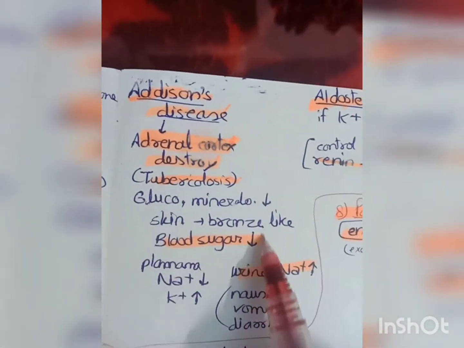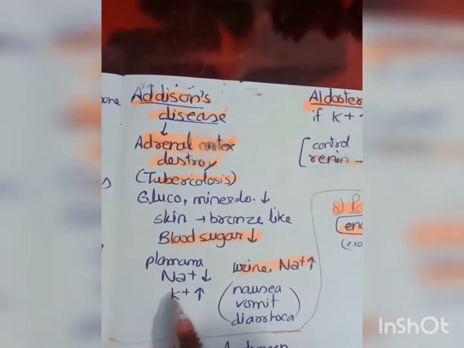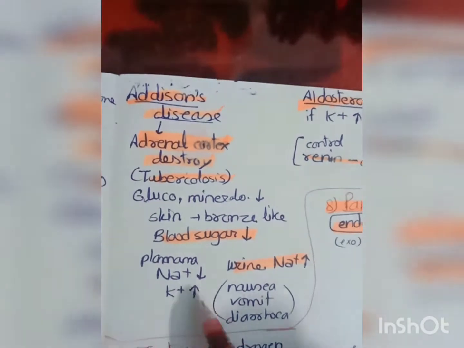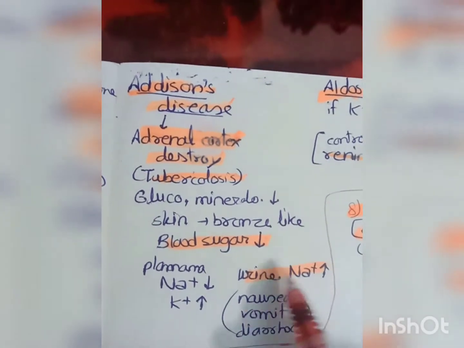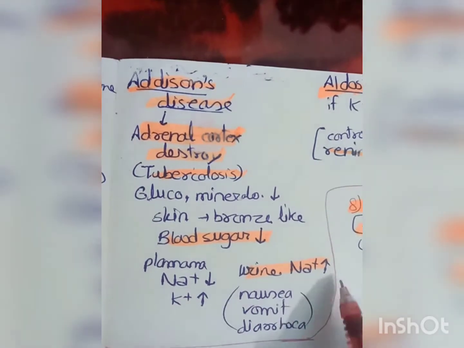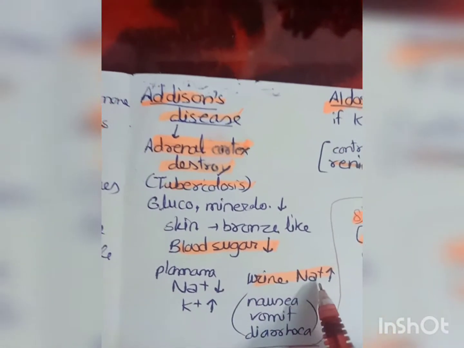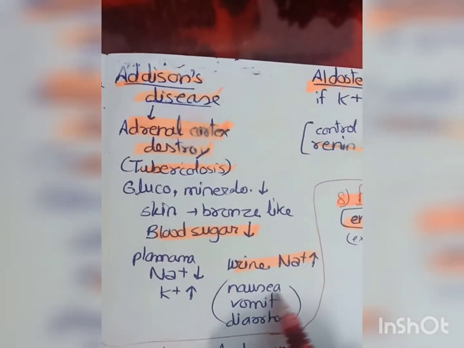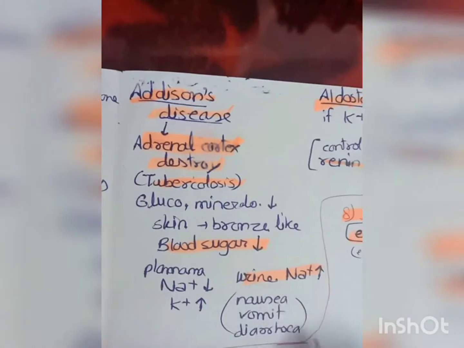The blood sugar level decreases, sodium decreases and potassium increases in the plasma, and in urine the sodium increases. This is important: sodium is released out of the body. It causes nausea, vomiting, and diarrhea in the person suffering from this disease.